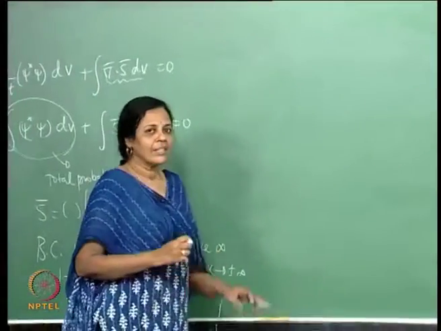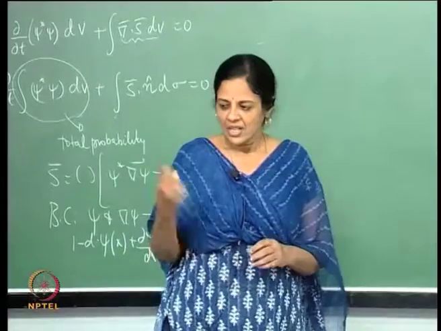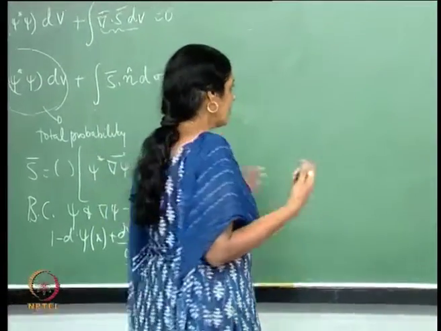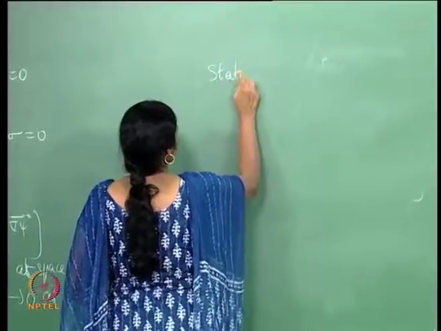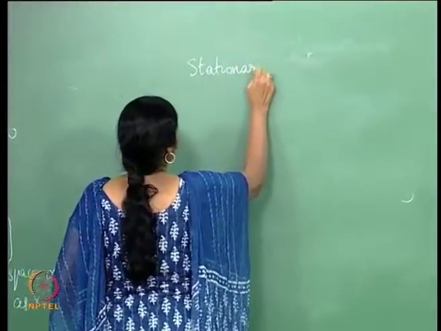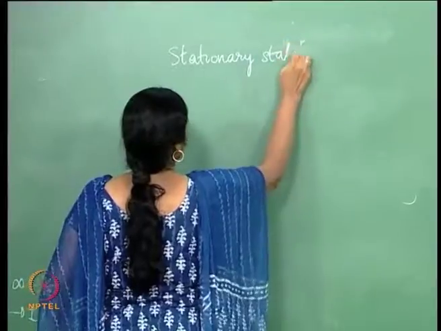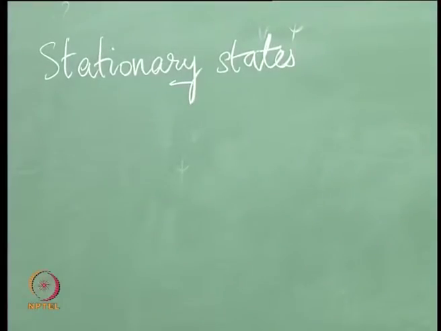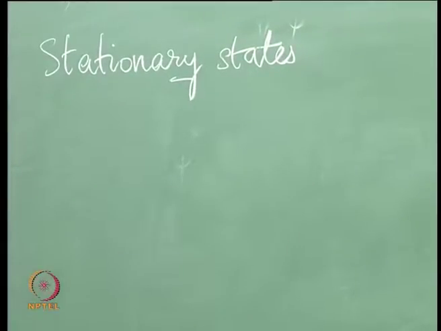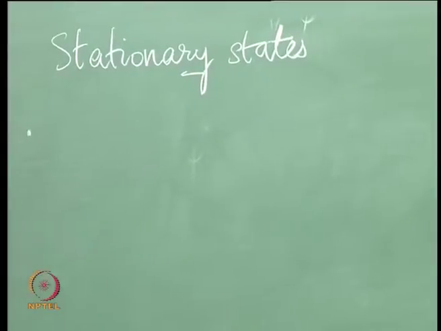We understand that if the potential is time independent, as is the case that I have been considering, there are some very interesting states called stationary states. Wave functions which represent stationary states of the system satisfy the following property.